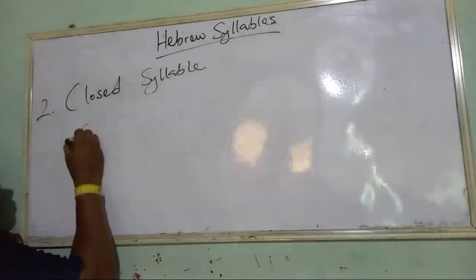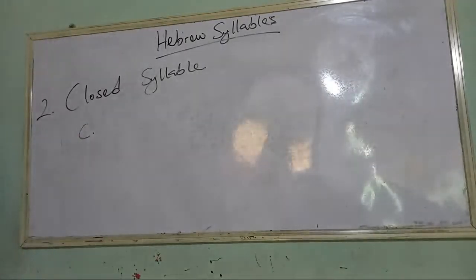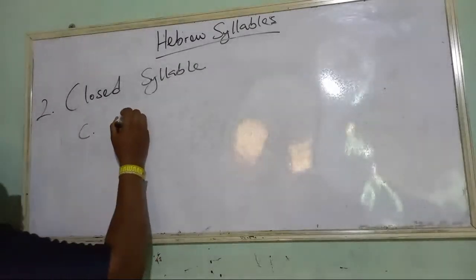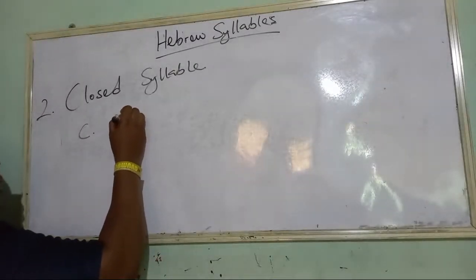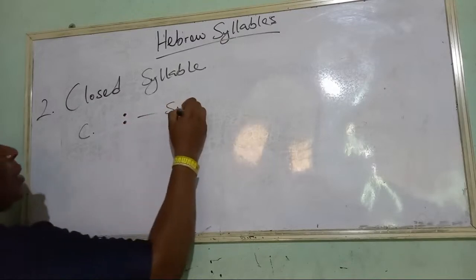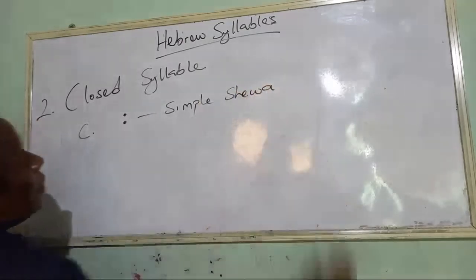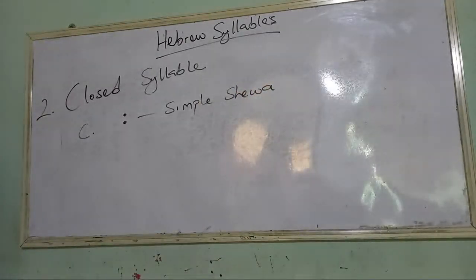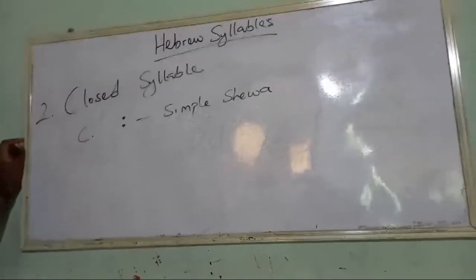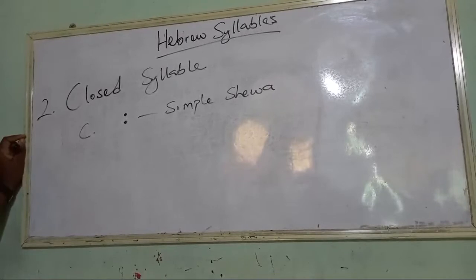The third clue: any syllable that ends with a simple shewa is a closed syllable.